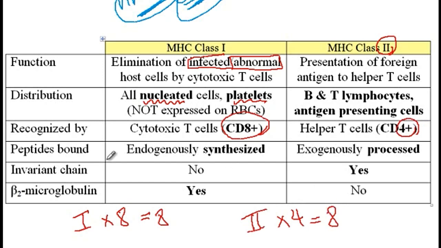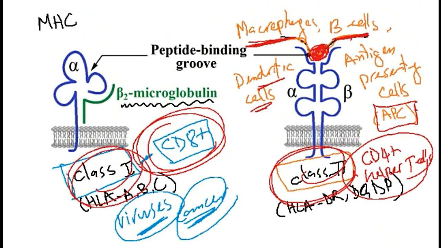Now back to the table, peptides that are being processed for MHC class 1 are being endogenously synthesized. And there is no invariant chain, but there is a beta microglobulin that is associated with MHC class 1. So here you can see that we have a beta microglobulin associated with MHC class 1.